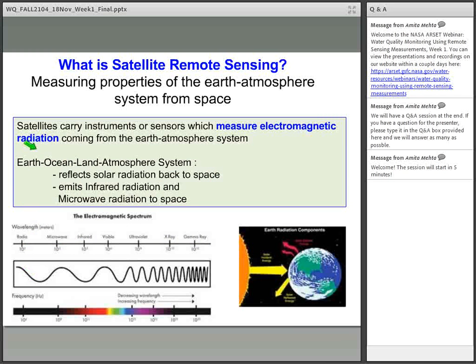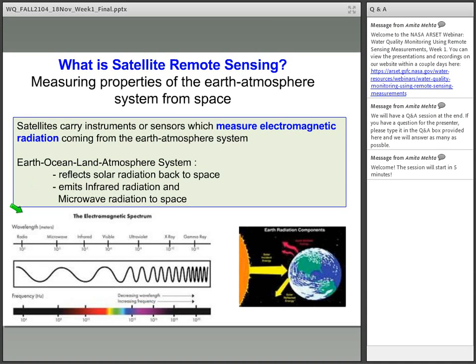Another thing to know about satellite remote sensing is what satellites measure. Satellites carry a number of sensors or instruments in space, and they measure properties of Earth and atmosphere from space by sensing radiation either reflected from the Earth atmosphere system or emitted by the Earth and atmosphere system.